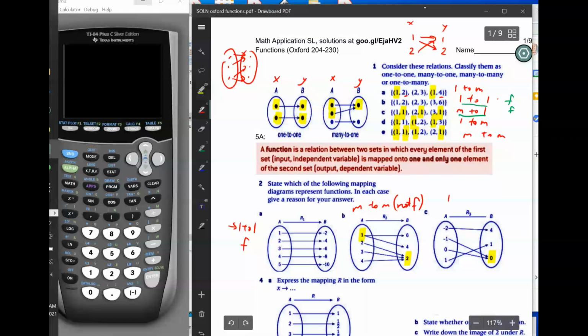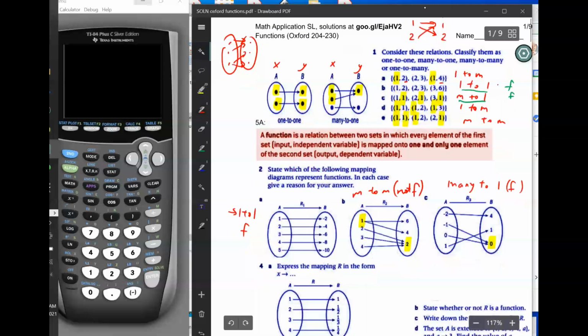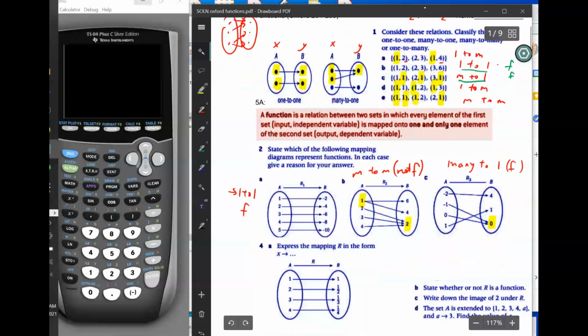Or I'm sorry, a many to 1 here. A many to 1 because the 0 is 1 and -1 and 0 are many. A many to 1 is okay for functions. So functions can be many to 1. So that's fine. See, if I look over here, many to 1 can be a function.